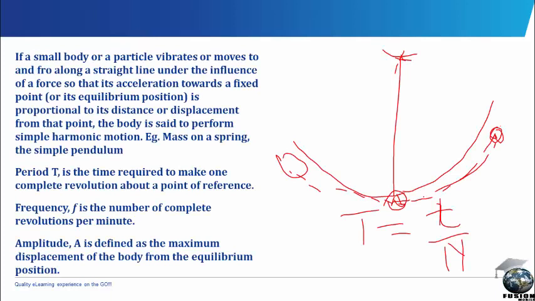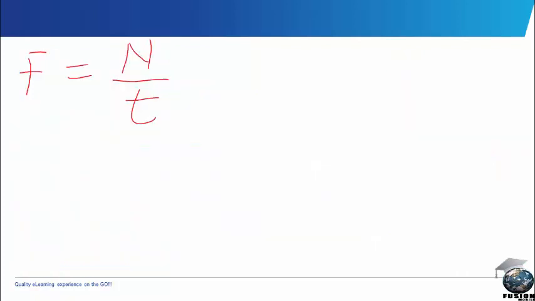We talk about amplitude, which I've mentioned before. It is defined as the maximum displacement of the body from equilibrium position. Now, discussing further on frequency and period.